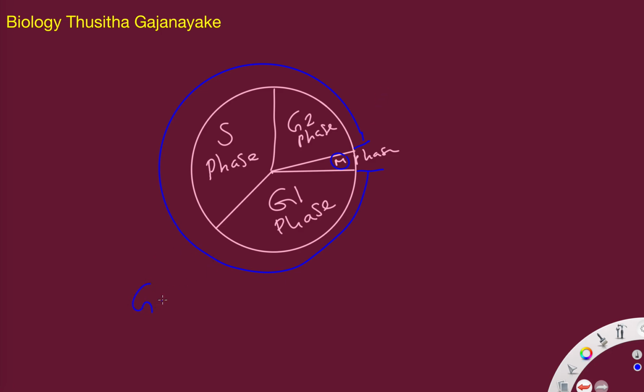So G1 plus S phase plus G2 is called interphase. Interphase is quite a long period of time. And this one, the M phase, is the cell division.